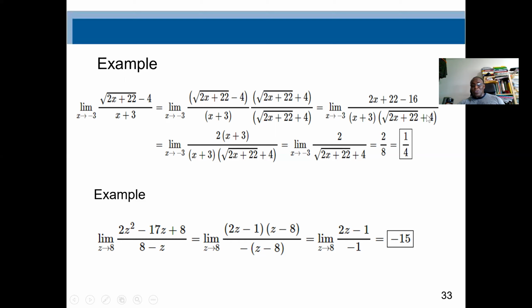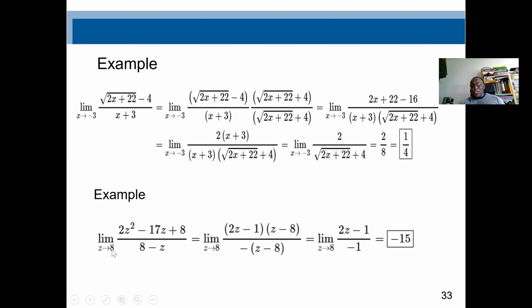We multiply by everything down here. Here also we can simplify: 22 minus 16 gives me 6. Then 2s plus 6, 2 can be common, so we get s plus 3. We cancel s plus 3 with s plus 3. Then we substitute negative 3 into the rest of the function here. Our answer will be 2, 8 and 1/4.